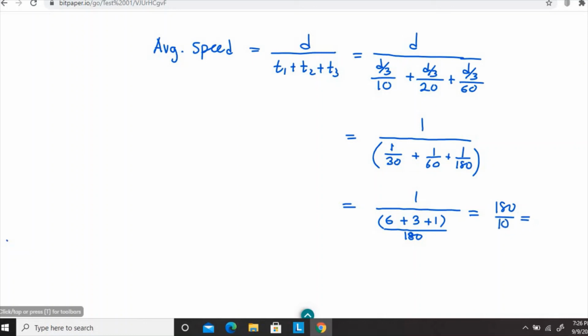So the answer is 18 meters per second. That's the average speed of the car when we consider the total distance traveled. For that distance, this is how you figure out the average speed of the car.